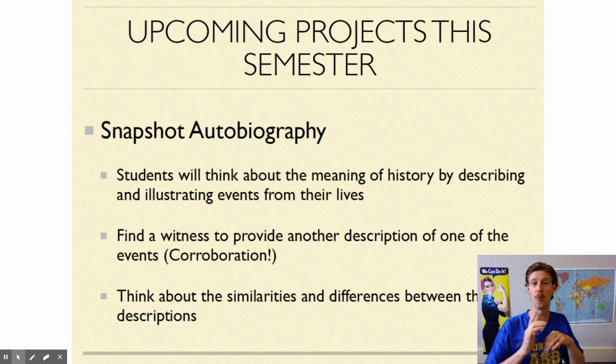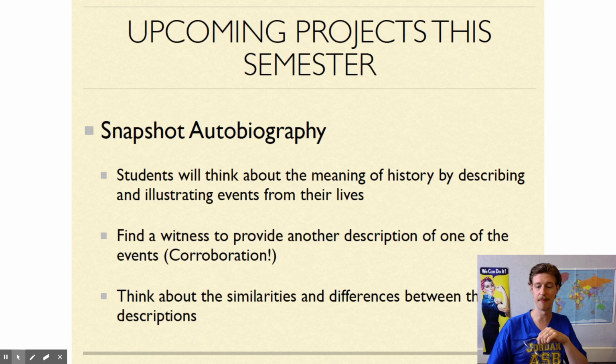Then they're going to find a witness to provide another description of the events using corroboration. And then they're going to think about similarities and differences between the 2 descriptions. I'm hoping that this activity will help them understand the importance of sourcing and corroboration in order to determine what happened in a historical event.